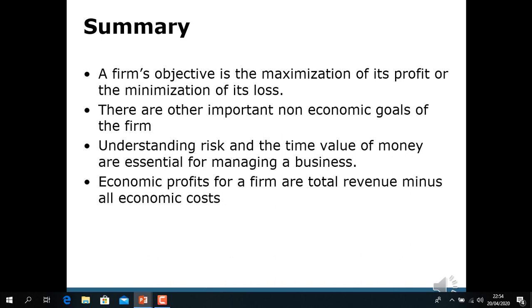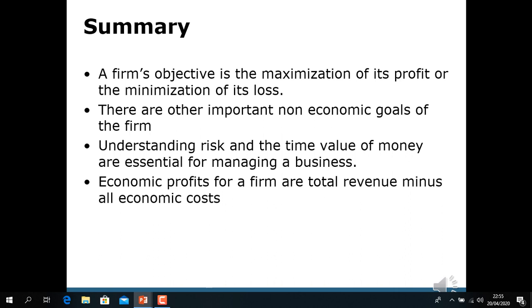Finally, after we discuss all about the company's goal in achieving maximum profit and optimization in the company, with this slide we can conclude that a firm's objective is the maximization of its profit or the minimization of its loss. And there are also other important non-economic goals of the firm.